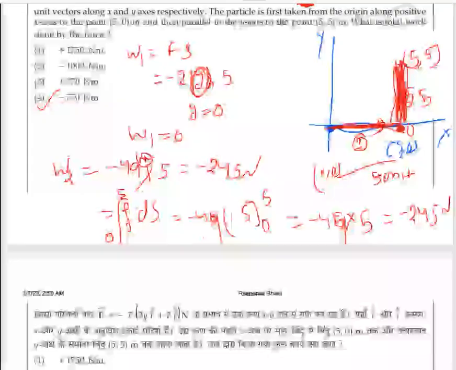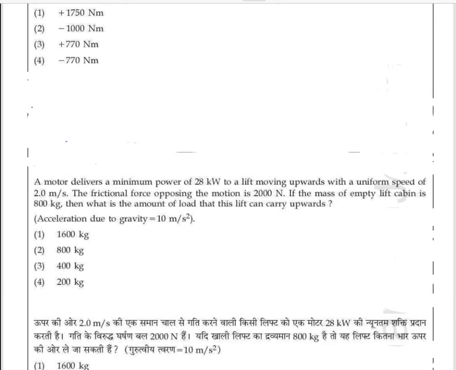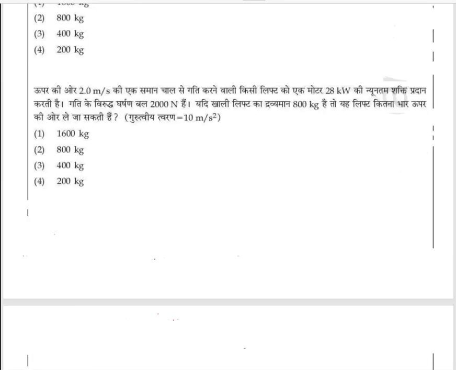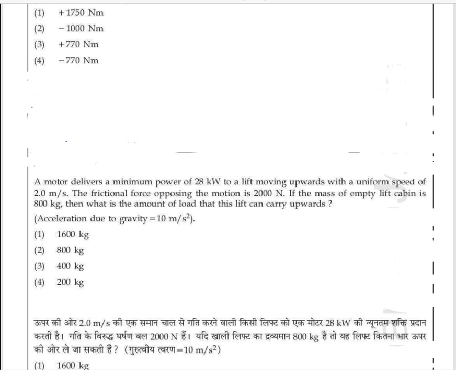Moving on to the next question. The question says a motor delivers a minimum power of 20 kilowatt to lift a cabin moving upward with a uniform speed of 2 meter per second, and the frictional force opposing the motion is 2000 Newton.